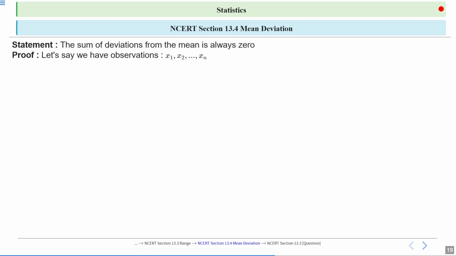Now let's prove it. Let's say we have observations x1, x2 up to xn. We know that the mean x bar equals 1 by n times the sum from i equals 1 to n of xi. Now deviations from the mean are xi minus x bar.